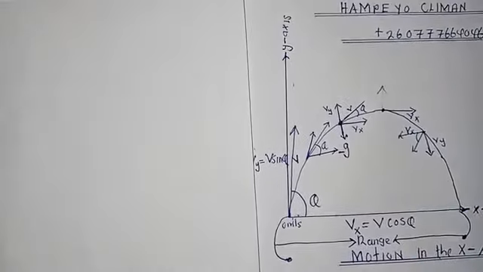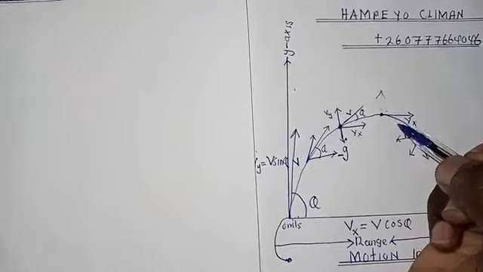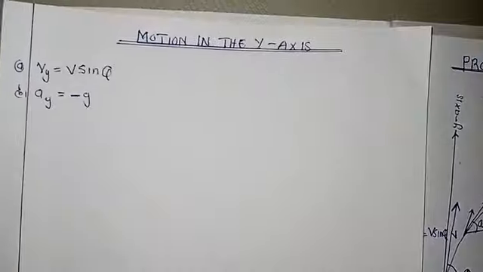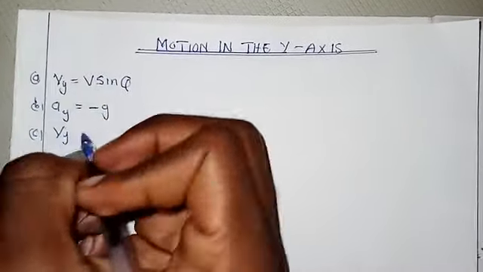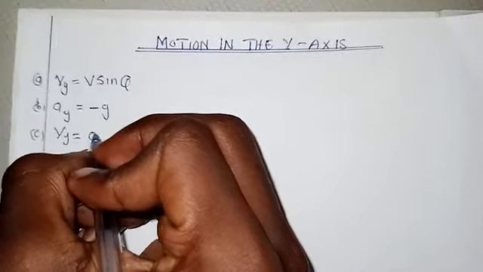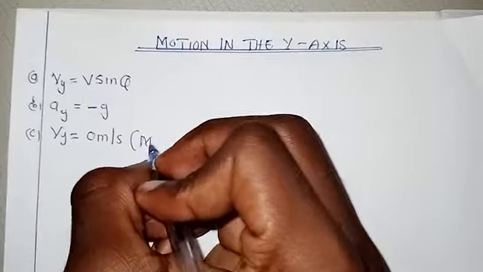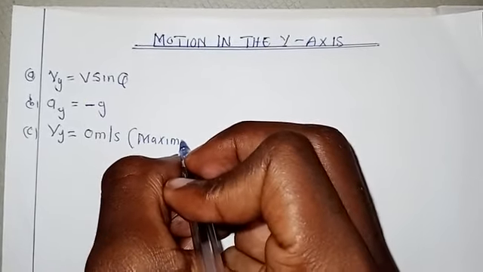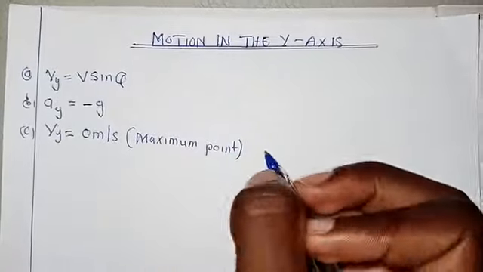Therefore, at the maximum position, which happens to be this one, the velocity in the y is equal to 0 meters per second. That is the maximum point.